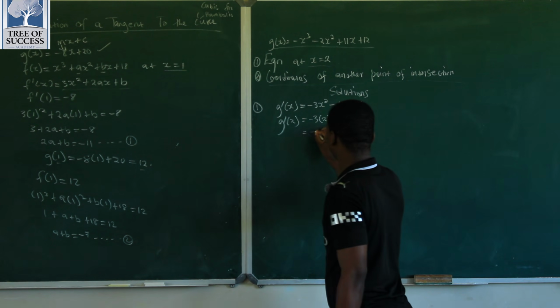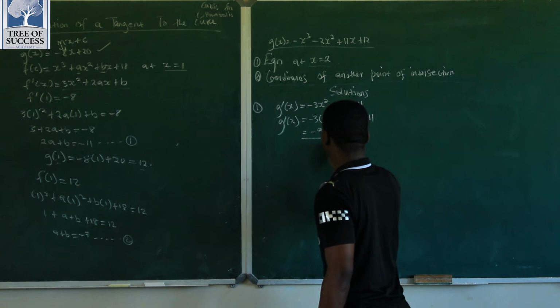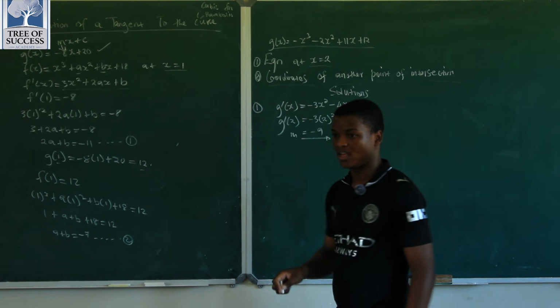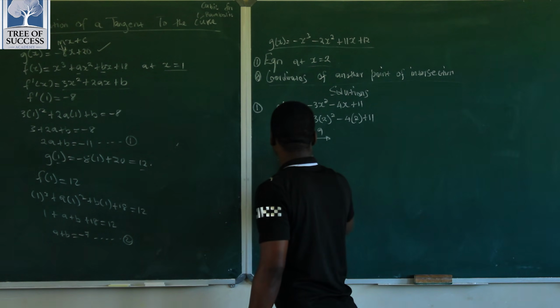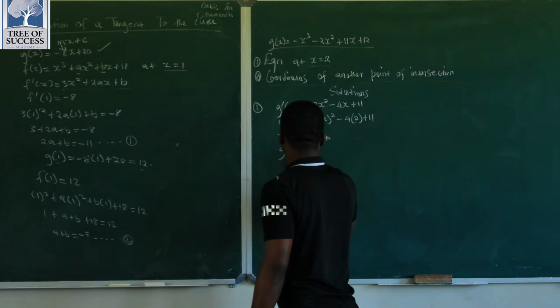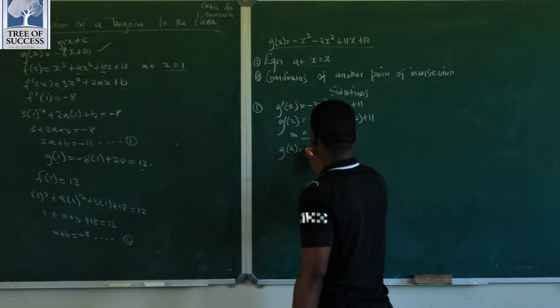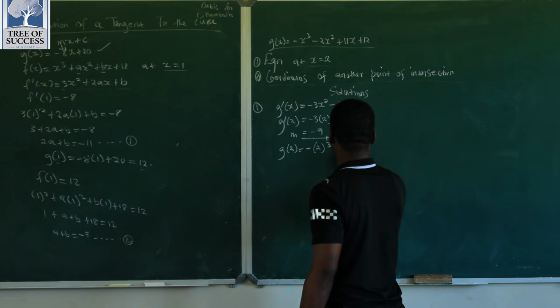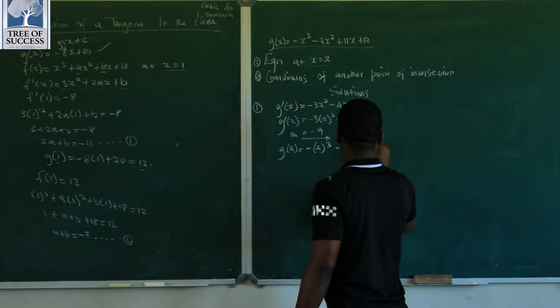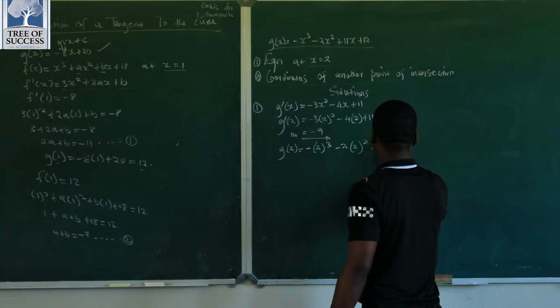It is negative 9. So it means your m is equal to negative 9. Now let us find g at 2.